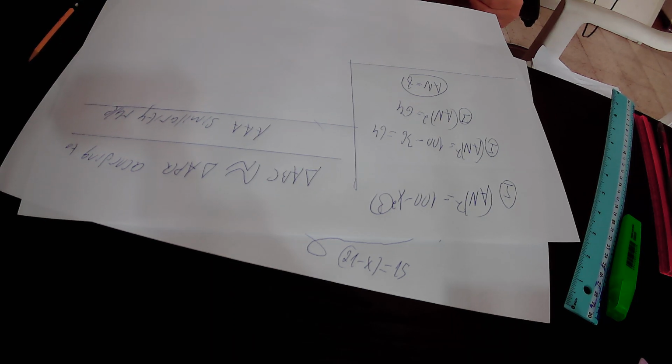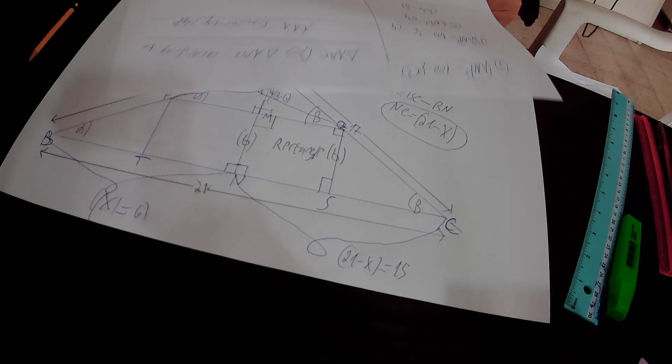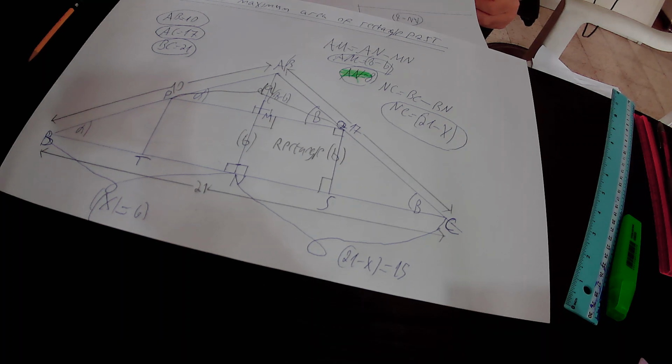And we know that in similar triangles, the ratio between the heights is equal to the ratio between the sides.